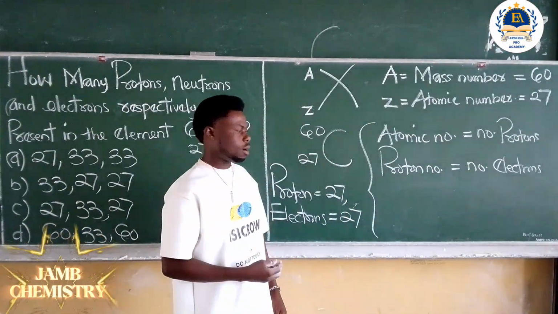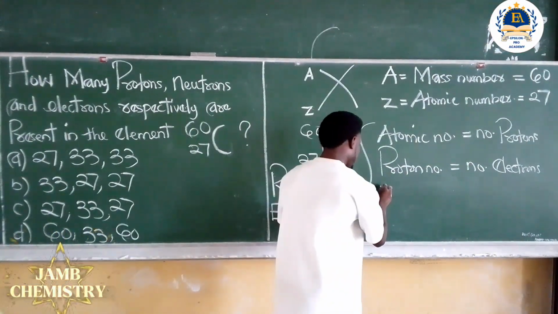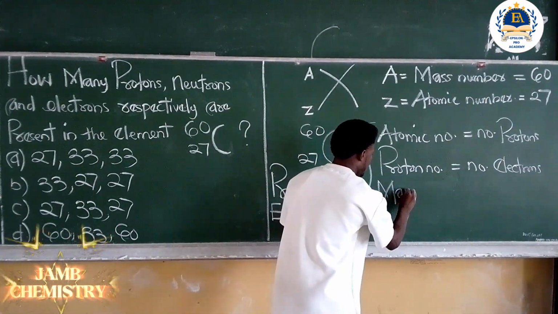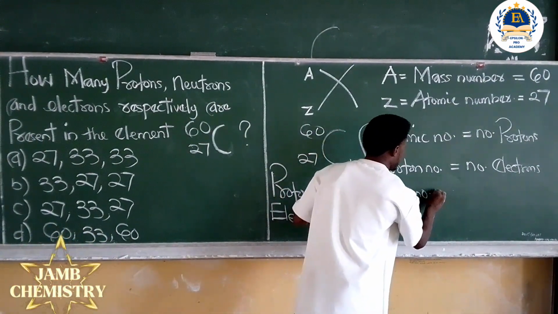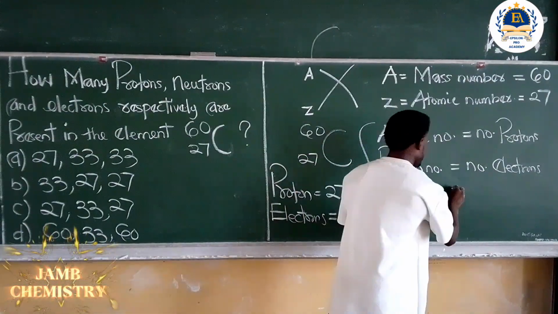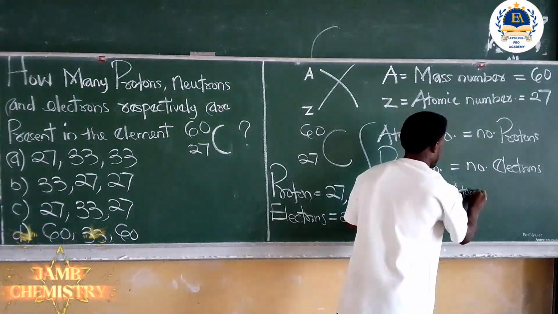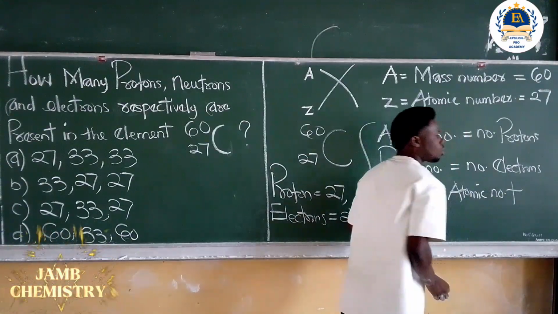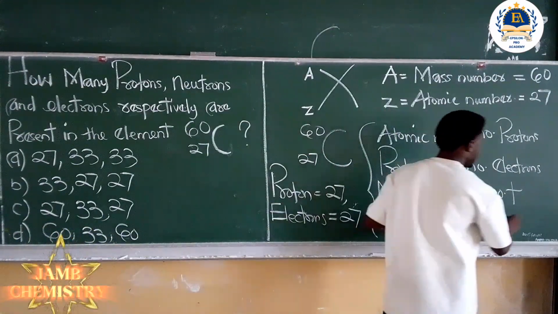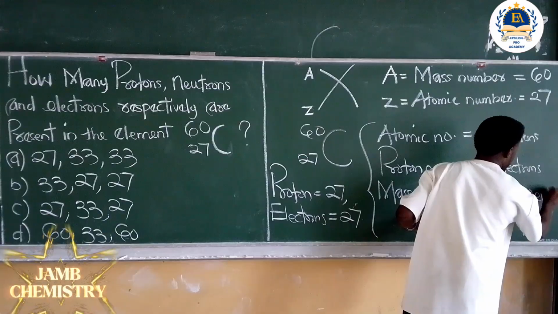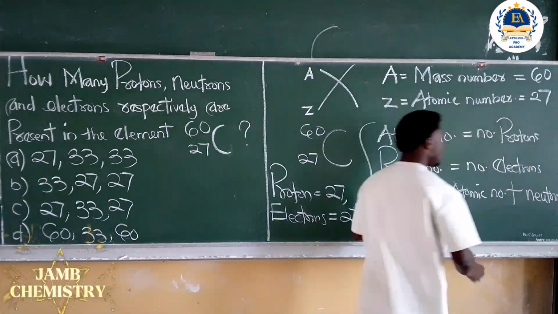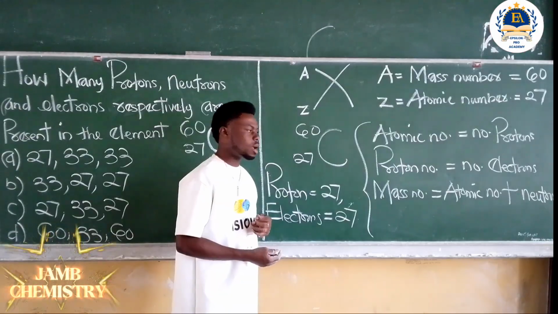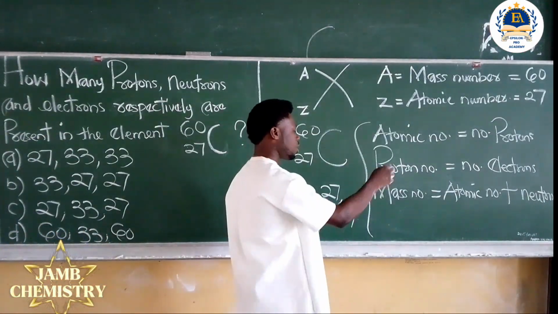Now mass number is equal to atomic number plus number of neutron. To determine the number of neutrons, we must make neutron the subject of the formula.